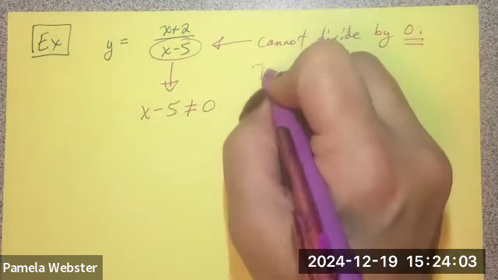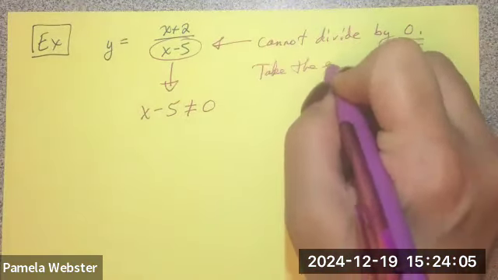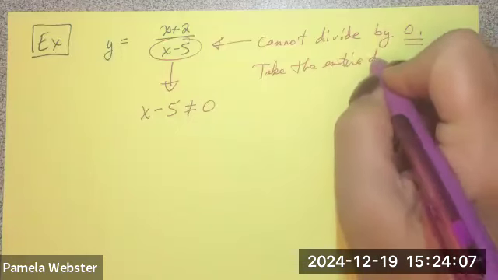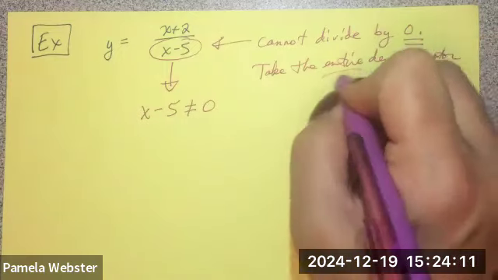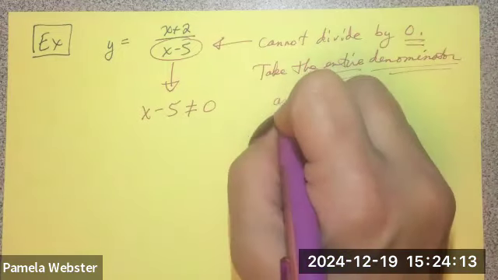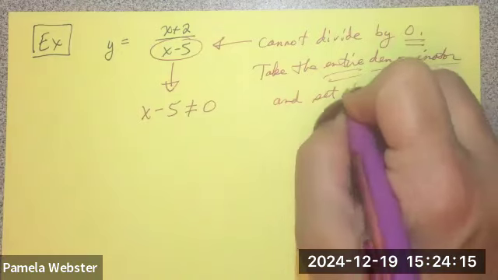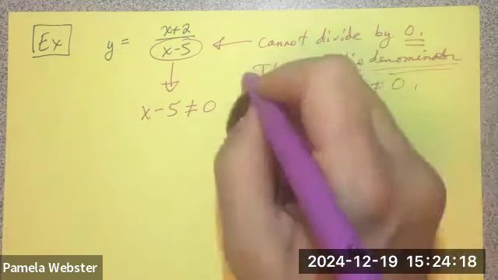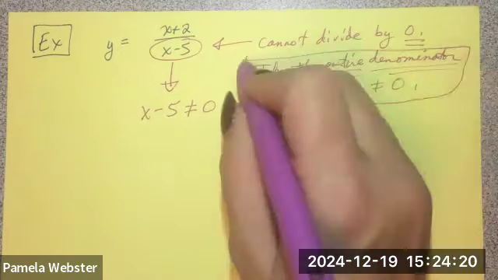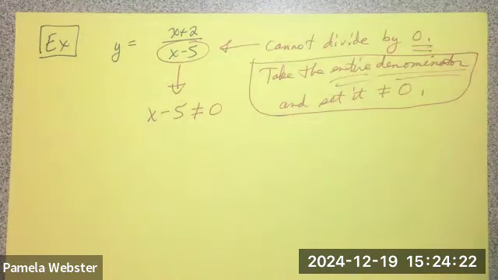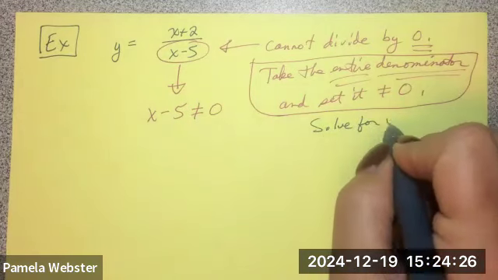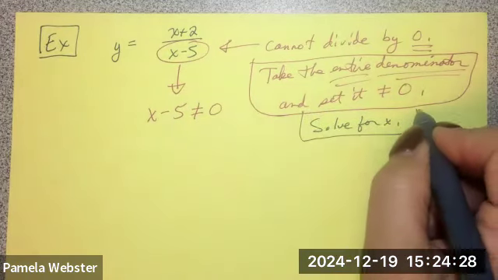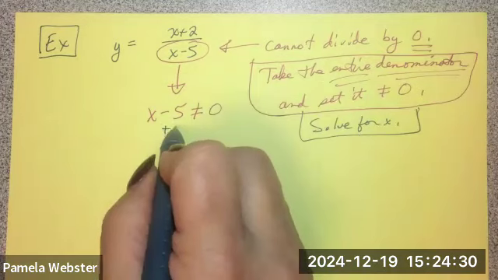So what I have to do is take the entire denominator and set it does not equal to 0. That's what I'm doing here. It's got to be the whole denominator. And then I just solve for x. I've got to add a 5 to both sides.